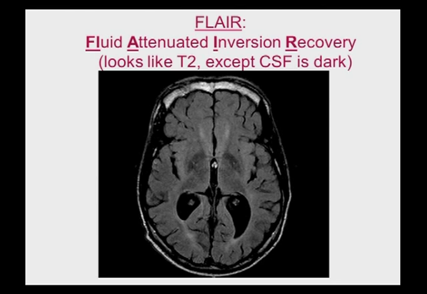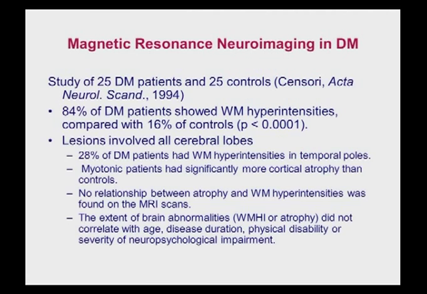Sometimes it's very subtle, sometimes it's not so much, but the appearance radiographically can sometimes be much more impressive than the appearance pathologically. This is sort of the bottom line. So there have been a number of studies using this technique, MRI, to look at patients with myotonic dystrophy.